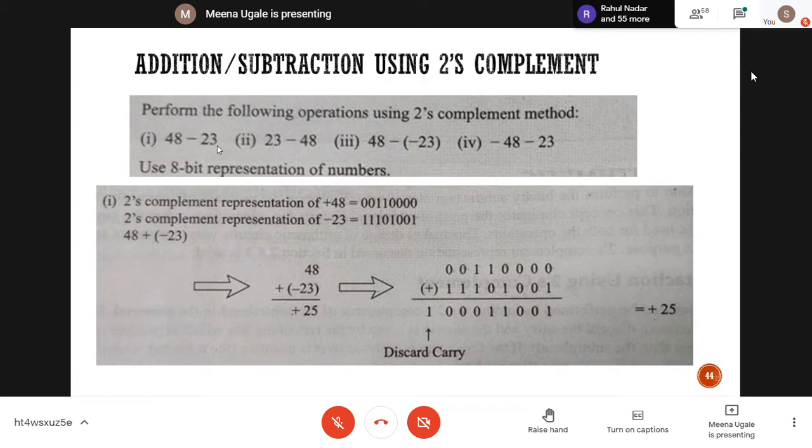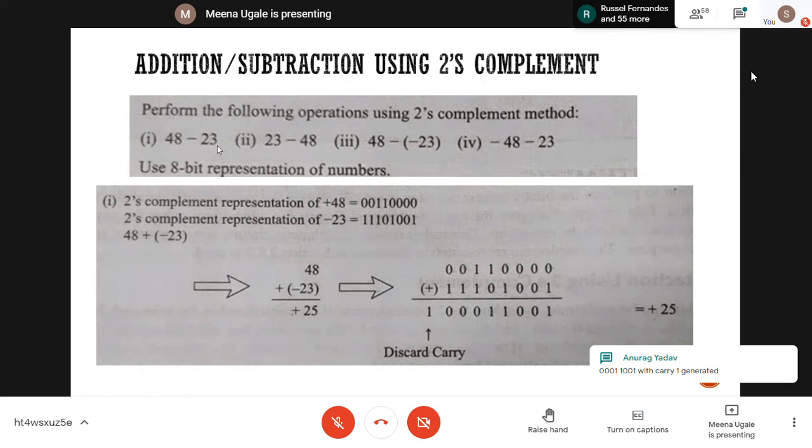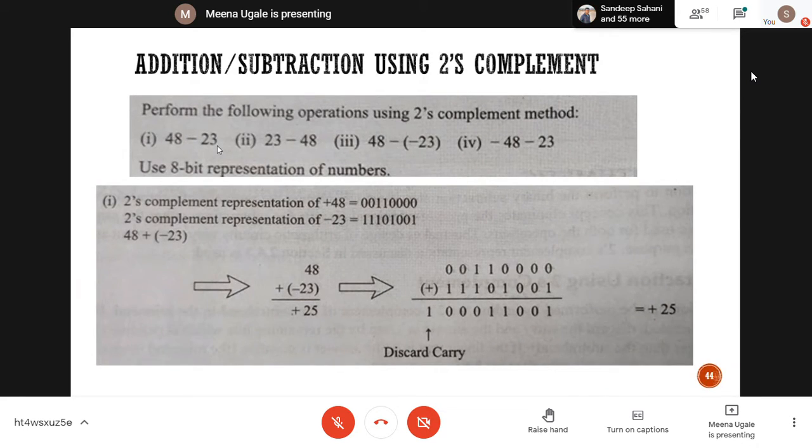Minus 23's representation is written. You will add it up. Whatever carry is generated, you can discard the carry and then see the final answer. Correct, Anurag, your answer is correct.